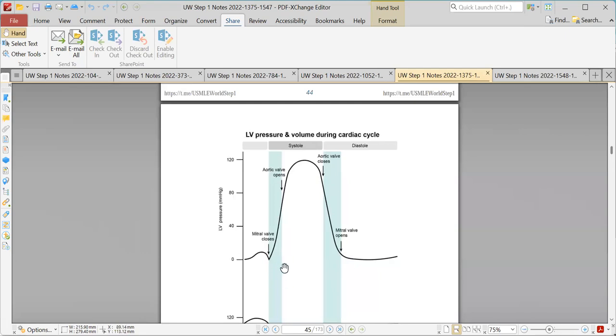So when the mitral valve closes, you will see S1. Mitral valve and tricuspid valve closure gives S1, and during aortic valve closure, P2 and A2 here. And this is the point where the aortic valve opens, and this is the point where the aortic valve closes. And here the dicrotic notch will be there.